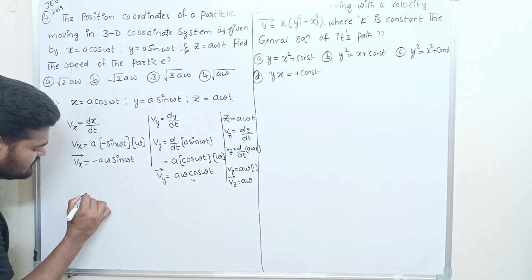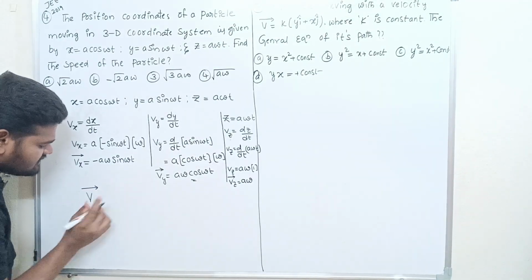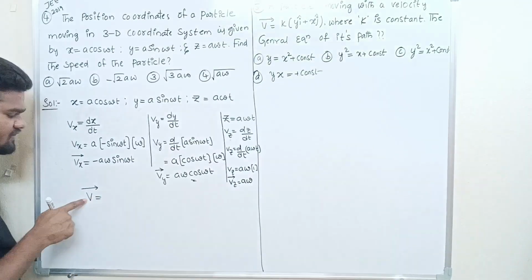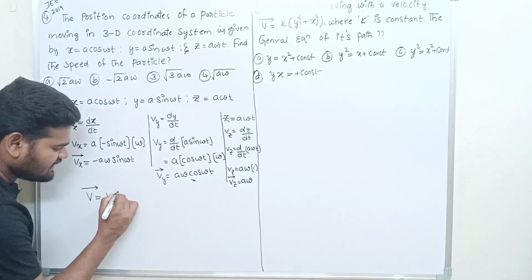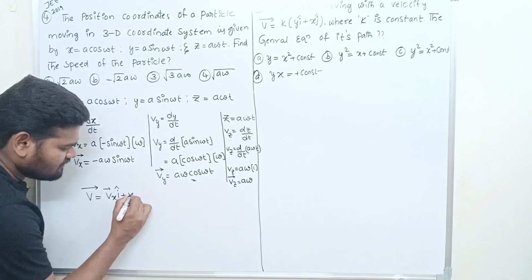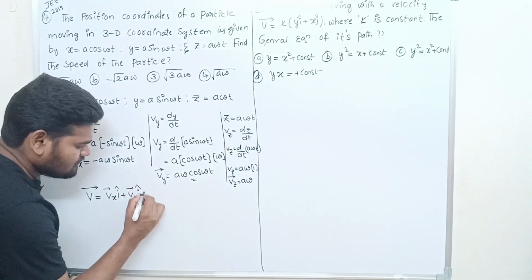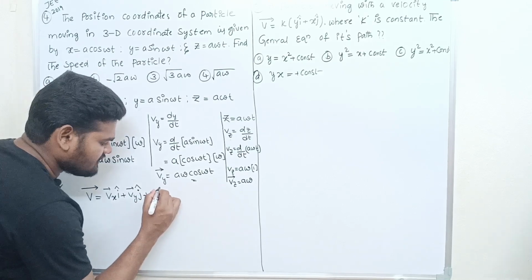I'm just writing the velocity equation in the form of a vector. So v bar is equal to vx i cap plus vy j cap plus vz k cap.